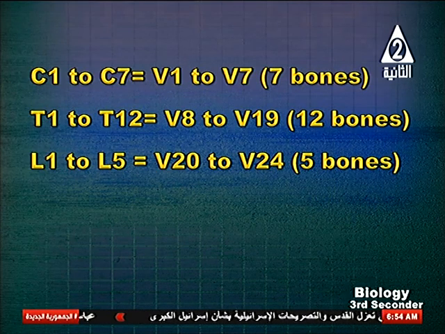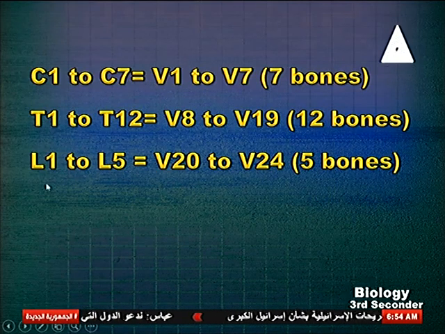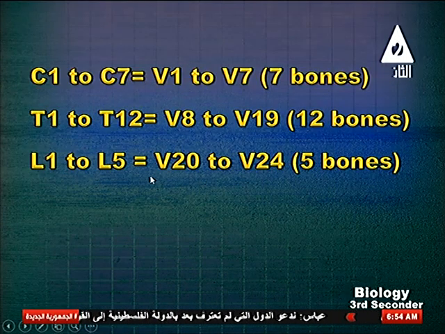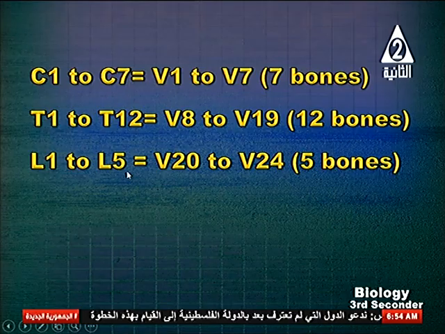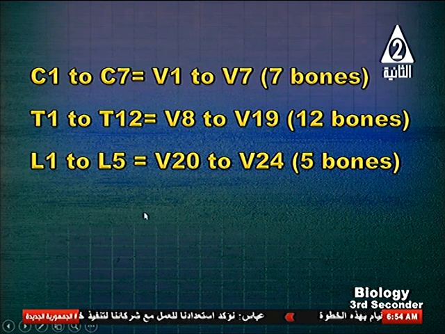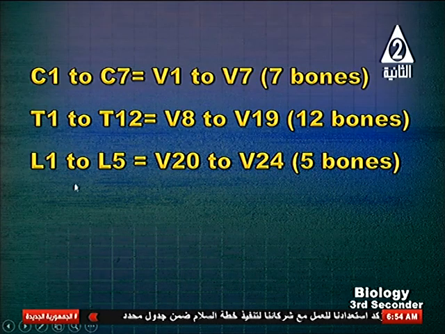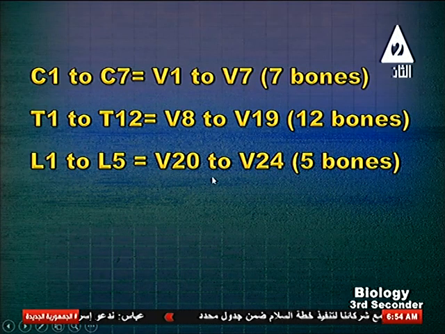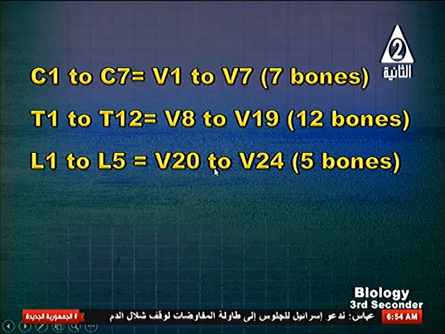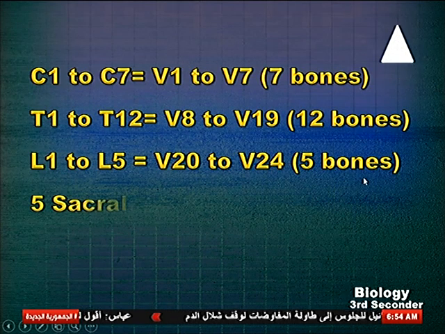The same in lumbar vertebra: number 1 will start from number 20 because there are 19 vertebra, 7 in the cervical region and 12 in the thoracic region. So lumbar vertebra number 1 equals vertebra number 20, lumbar vertebra number 2 equals 21, lumbar vertebra number 3 equals 22, and so on. Lumbar vertebra, 5 largest bones articulating together, so they are 5 bones.